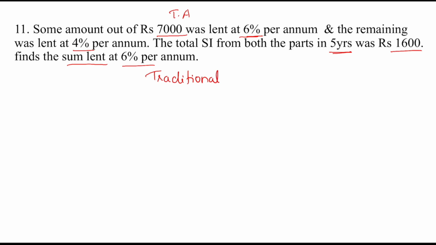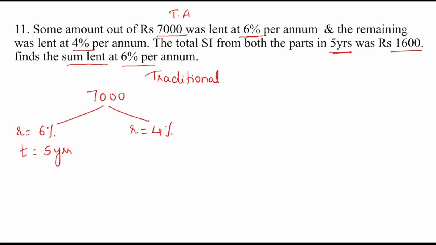So we know that 7,000 rupees was lent in two parts, isn't it? First part was lent at 6% rate of interest, and the remaining was lent at 4%. Time was 5 years for both, isn't it?